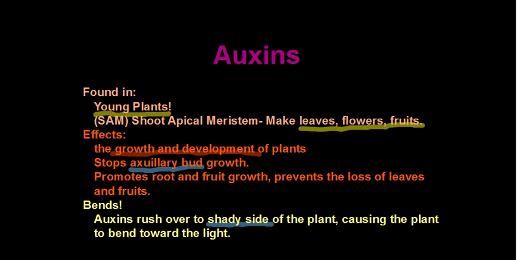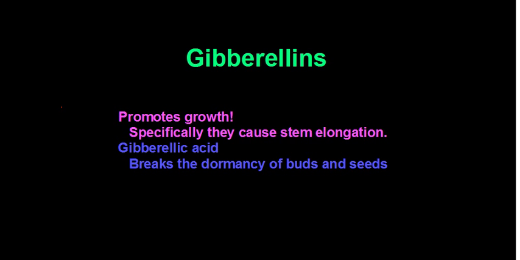So now we're talking about gibberellins, and just like auxins, they do promote growth, but specifically they promote stem elongation, and this is going to help the plants grow big and tall and strong.